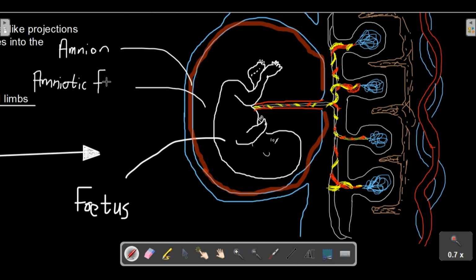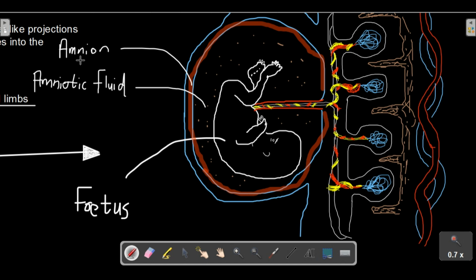We did discuss this in the reproduction in vertebrates, guys, the amniotic fluid. So the amniotic fluid is this fluid that is inside this amnion. Meaning that the fetus is floating inside a fluid. Now, this fluid plays a huge role and it has quite a number of functions.